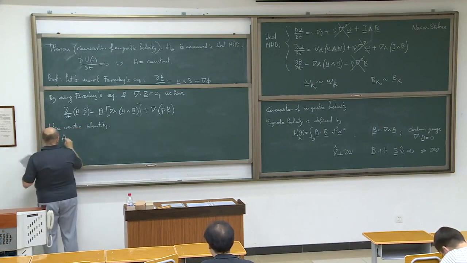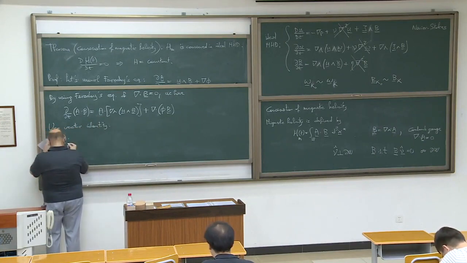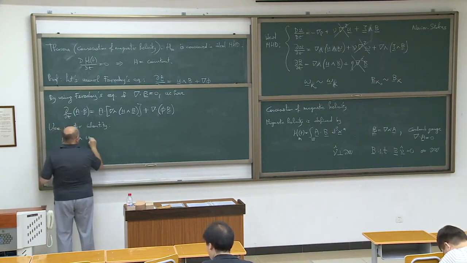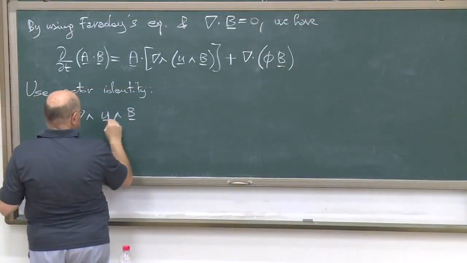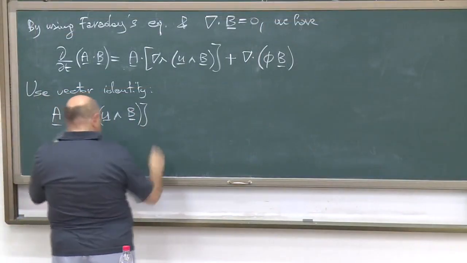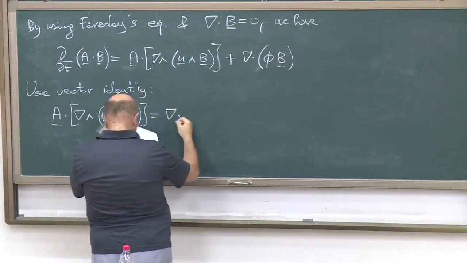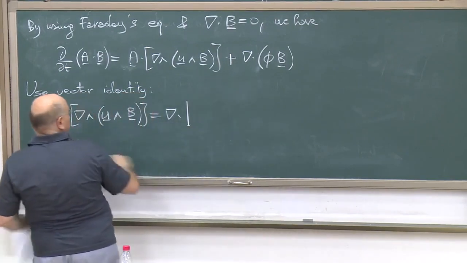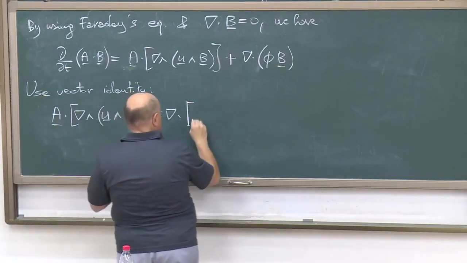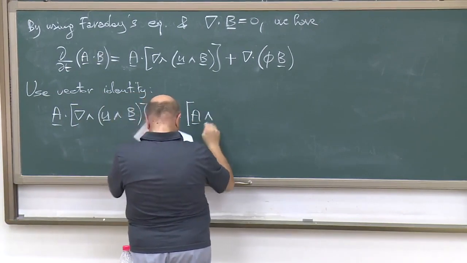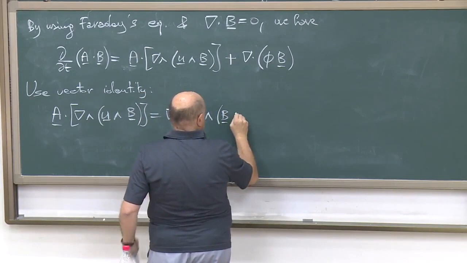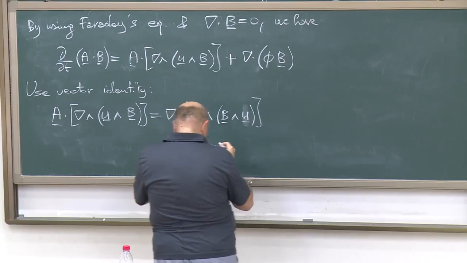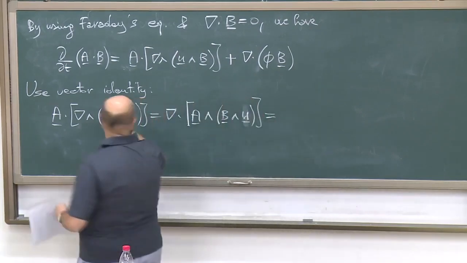A dot the curl of U cross B is the div of A cross B cross U. And now use this vector identity I mentioned.